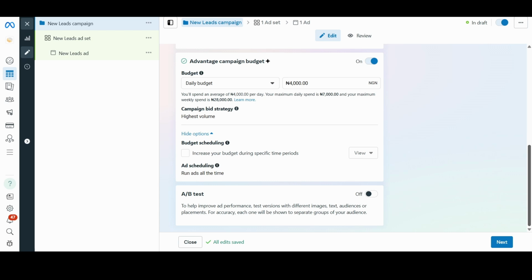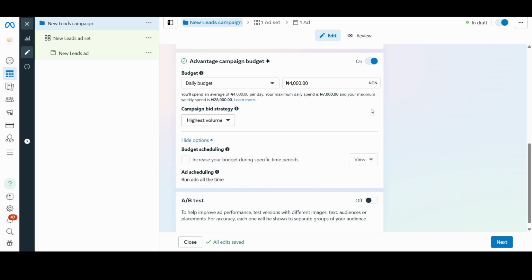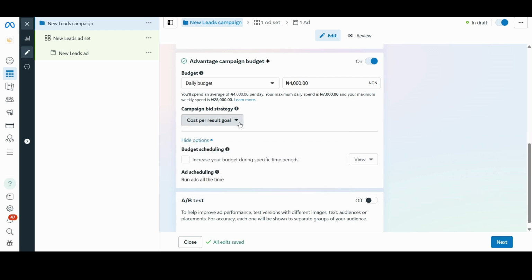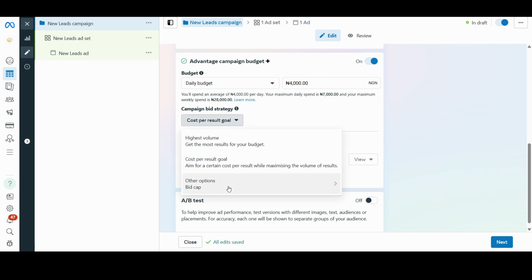Every other thing you can leave as is. Highest volume, yes. That means that Meta will try to get you your budget using the lowest amount possible to get you as many conversions as possible. You can also do other things here, depending on how much of a pro you are in advertising. You might decide to do cost per goal. And then the last is bid cap.